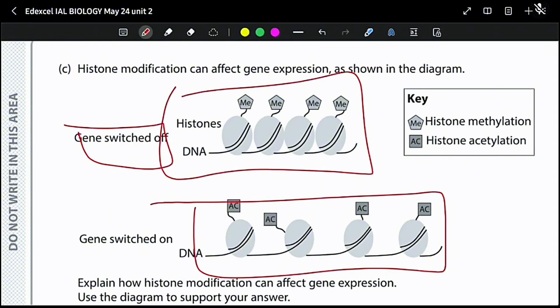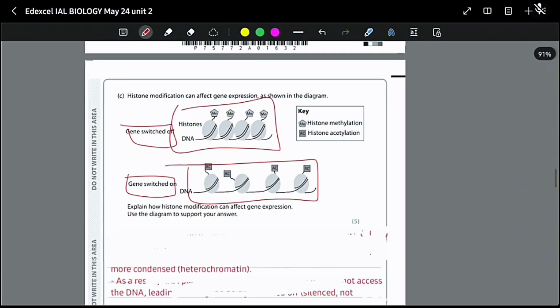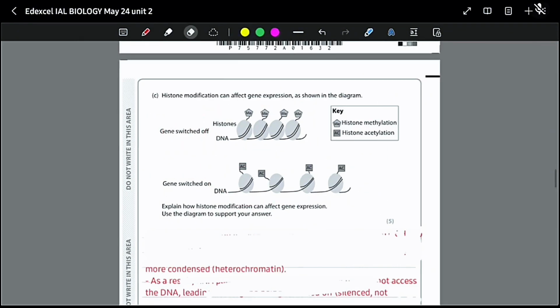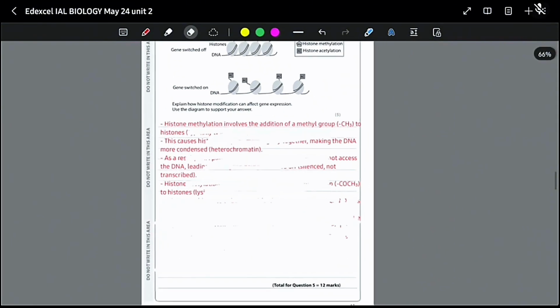So that's why the RNA polymerase and the transcription factors can bind to the DNA, and that will lead to the gene being switched on, which basically means that it will be expressed and transcribed. So the diagram illustrates that when histones are methylated, the gene is switched off, and when histones are acylated, the gene is switched on, and transcription can occur. So here is the answer.